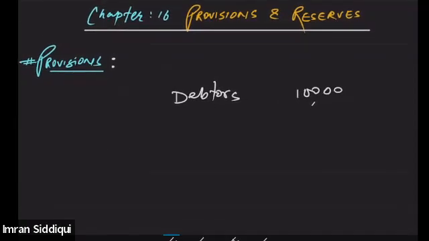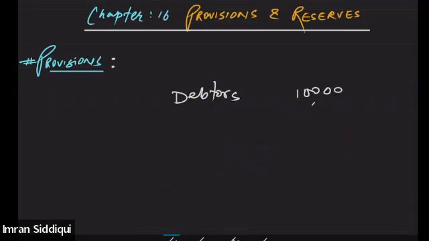We have anticipated that there will be some 3,000 that we won't be able to realize from our debtors. This is a kind of loss that we will be suffering in future. So in order to bear this loss, we sometimes prepare a provision on an advance basis, by the name of provision for doubtful debts.